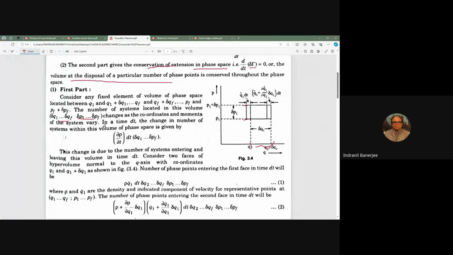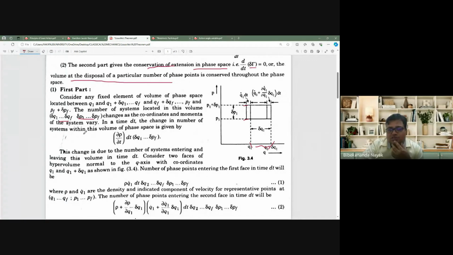In a time dt, the actual change in the number of phase points within this volume is given by del rho by del t into delta t, that is, the change in rho with respect to time into the volume. For one part it is this, so for the whole volume it will be integrated.